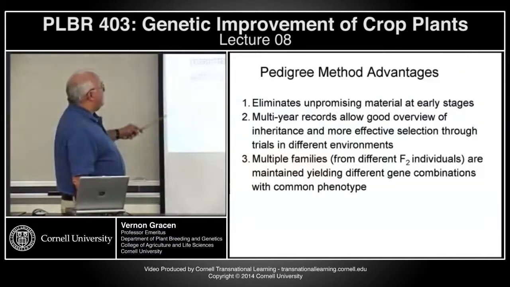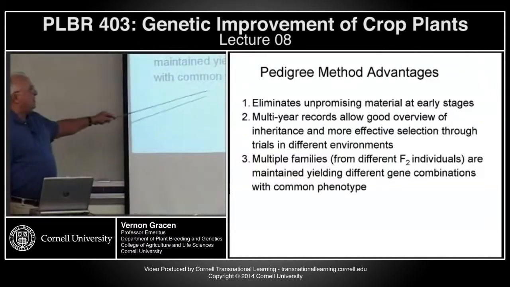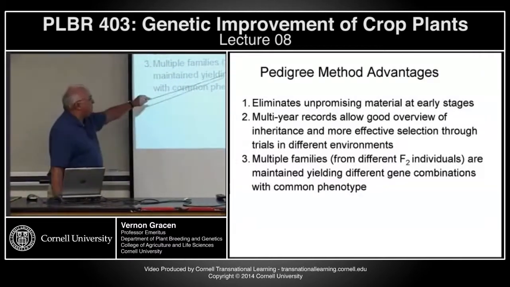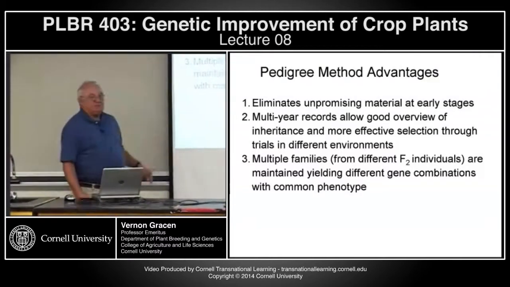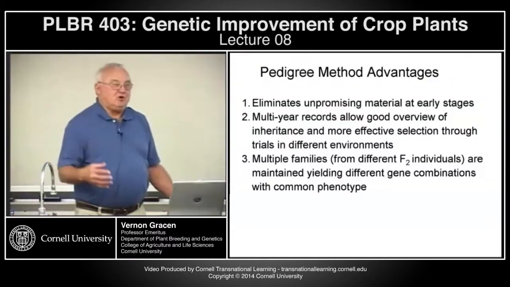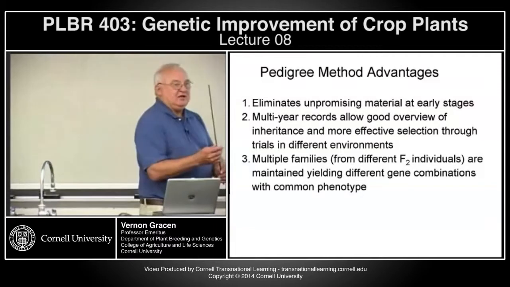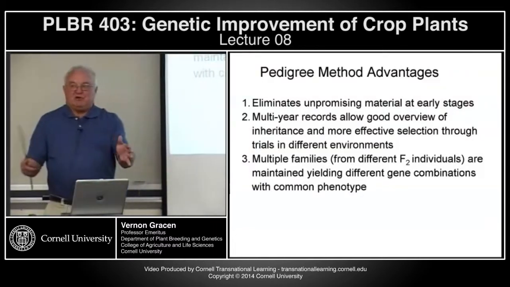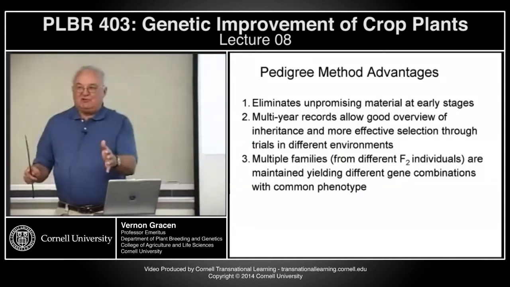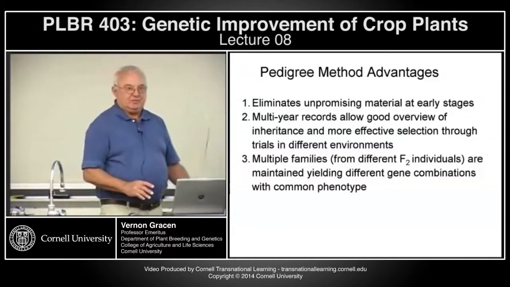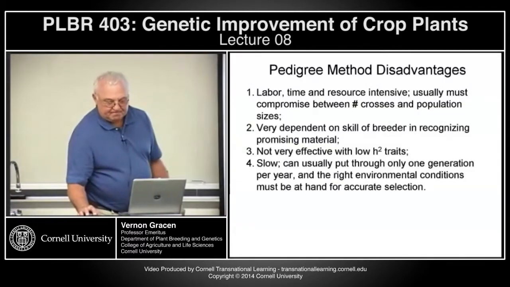And multiple families are maintained, but those multiple families all have maybe different gene combinations, but they have the same phenotype. So you can produce a pure line variety, but still a little bit of genetic diversity within that pure line variety. Genetic diversity that's there genotypically, but you really don't see much phenotypic variability.